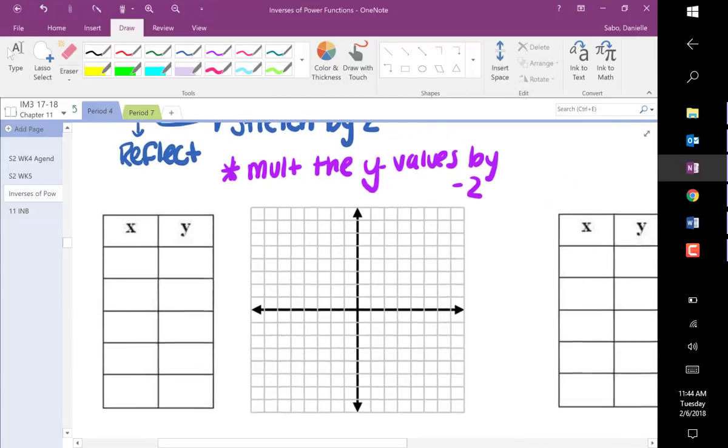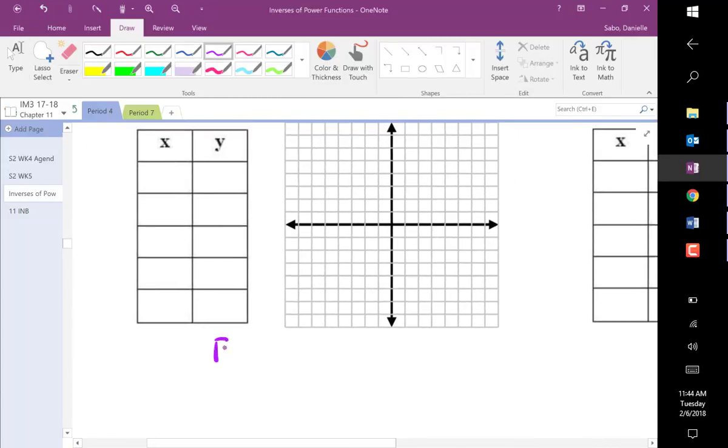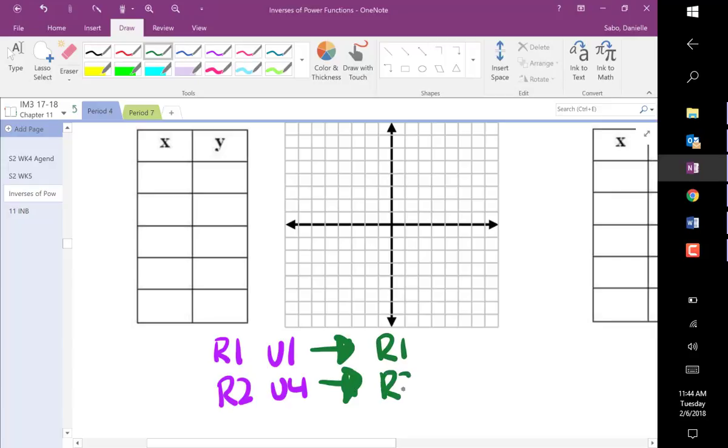Okay, so the pattern is right 1, up 1. Right 2, up 4. With your transformations, you put a little arrow here. I'm still going to go right 1 and right 2.